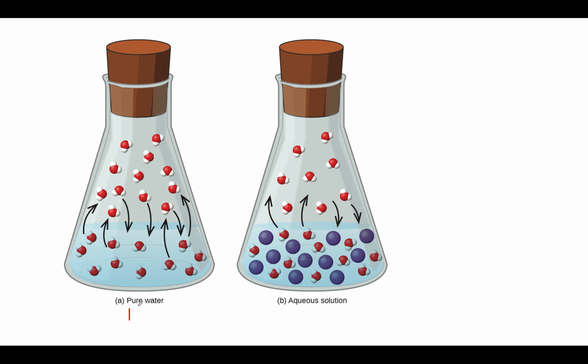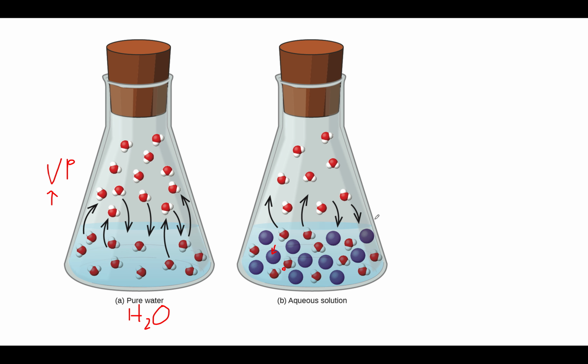So here I have pure water. All of the molecules in here are homogeneous, meaning they look the same. And you're getting a relatively rapid rate of vaporization. So here the vapor pressure is relatively high. But here I'm adding a non-volatile solute and I'm disrupting that process. The molecules of water in here want to interact with this new solute that I've added.